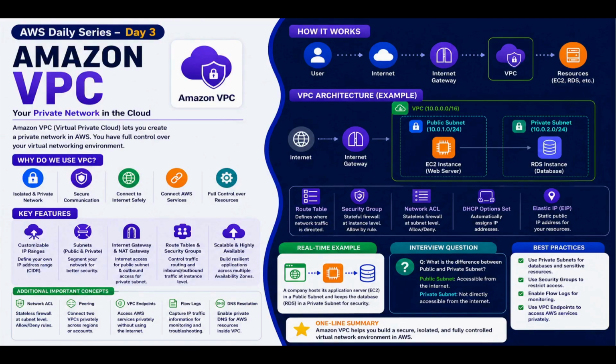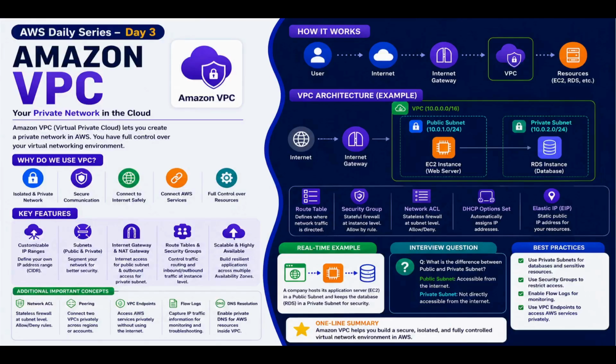It allows outbound internet access while still keeping the resources private. Another important concept is VPC endpoints. VPC endpoints allow resources inside a VPC to securely access AWS services without using the public internet. And VPC flow logs help us to monitor and capture network traffic information for troubleshooting and network security analysis.